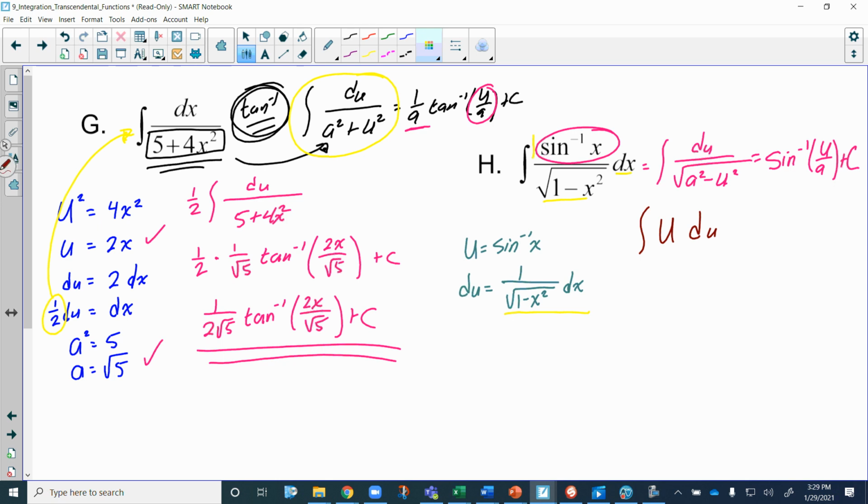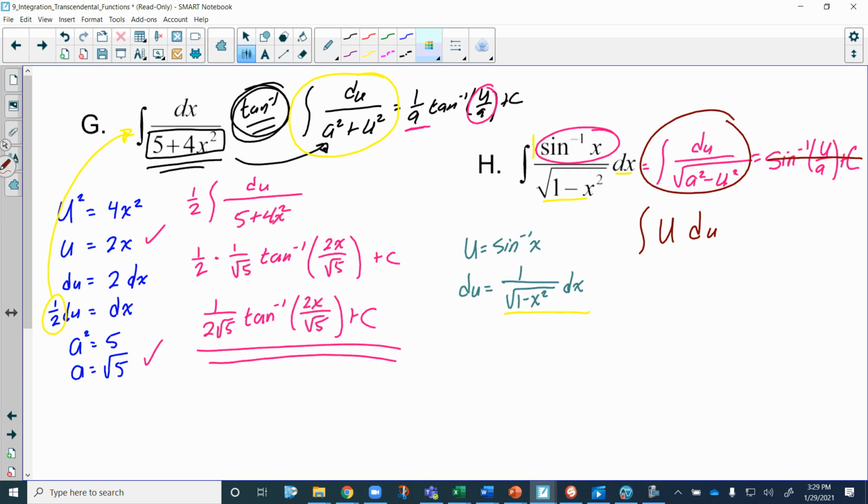And in this case, it doesn't look like we really needed that. Sometimes it just works out to be a little bit simpler. Maybe I thought we needed it because we had inverse sine, but in this case, just doing normal u substitution is going to work out well.